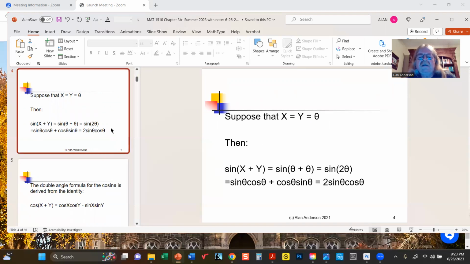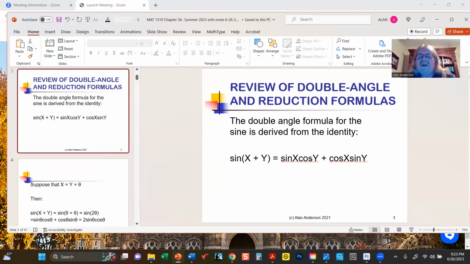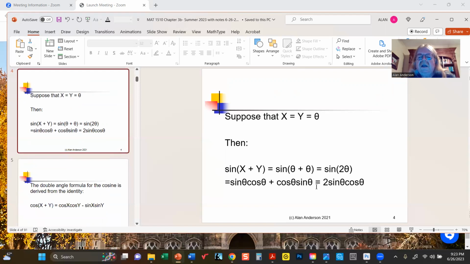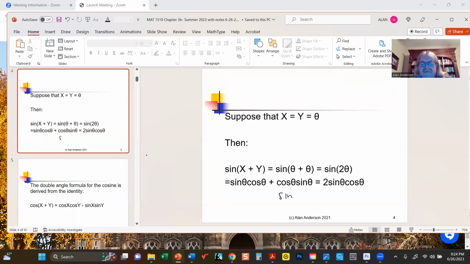If you replace the x's and y's with thetas, this is what you'll end up with: sine theta cosine theta plus cosine theta times sine theta. If you rearrange this algebraically, you can rewrite that as 2 sine theta times cosine theta, since it's easier to see that you have the same thing added together. So this is our final result.